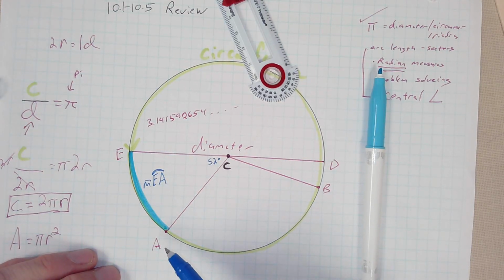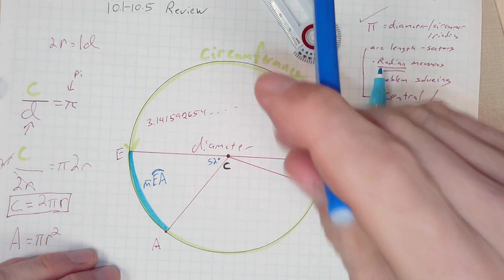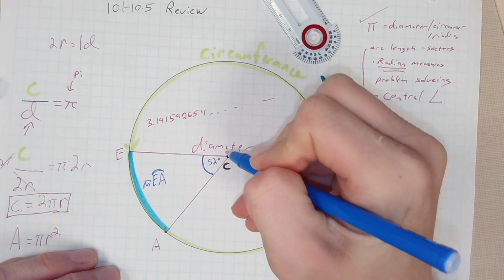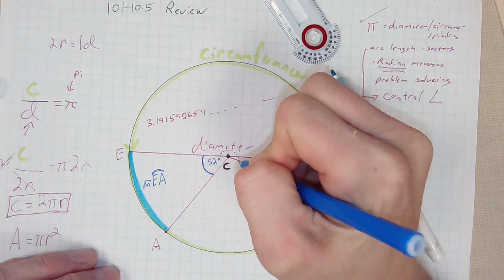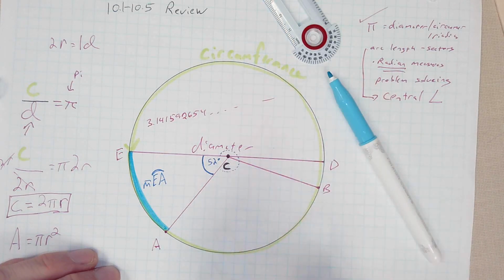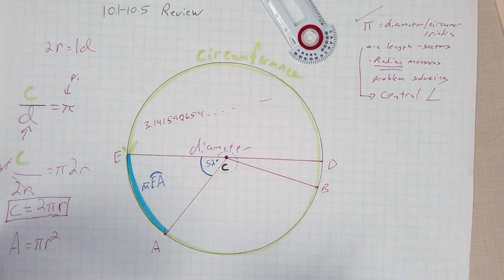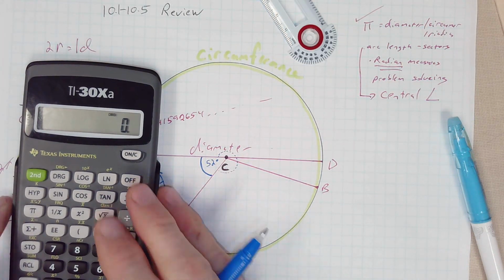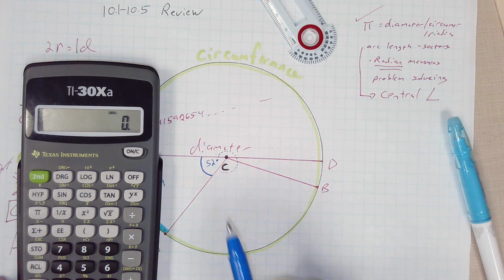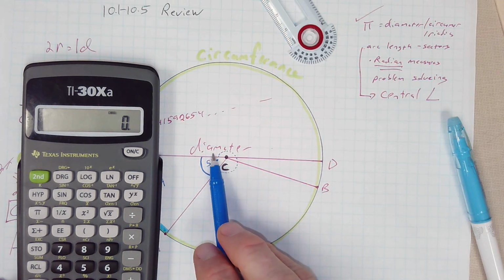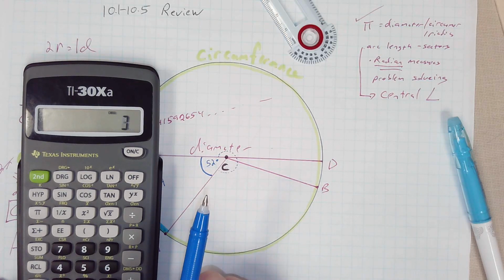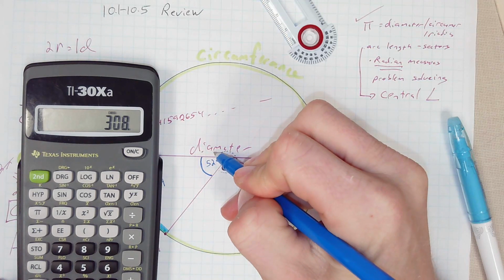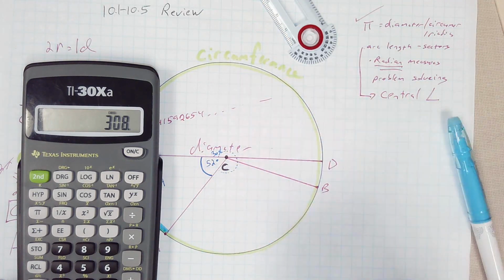There's the minor arc, which is 52 degrees, and then there's a major arc, which is this one, and we know that the number of degrees in a circle is 360. So if we know this one is 52, this one must be the rest, right? So 360 minus 52, this must be 308, right?